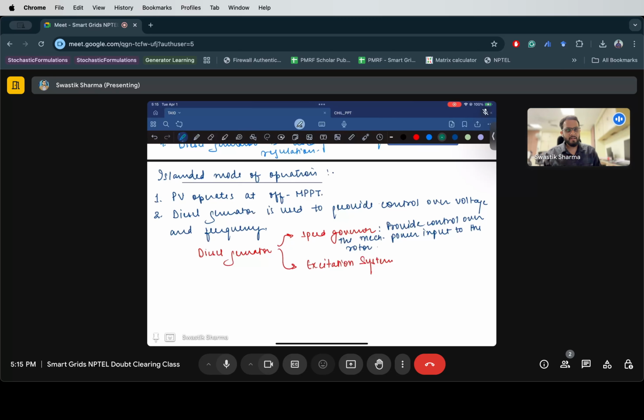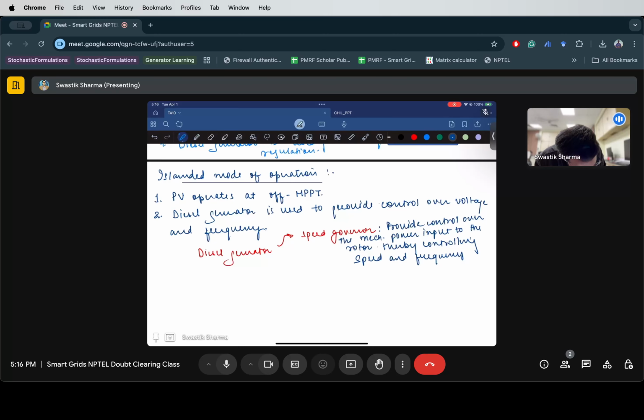So how does it provide control over the mechanical power input to the rotor, thereby controlling speed and frequency?